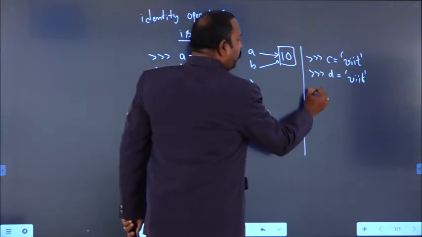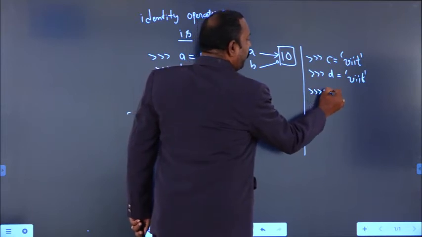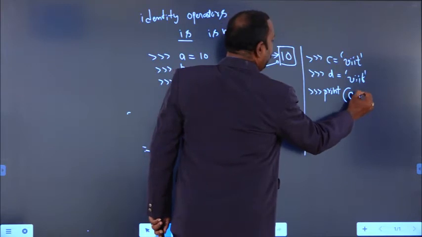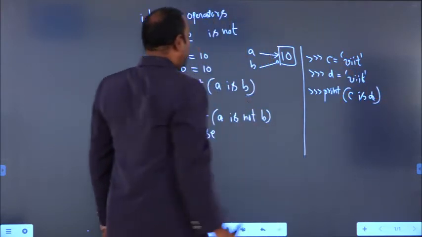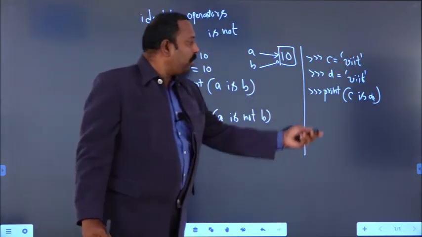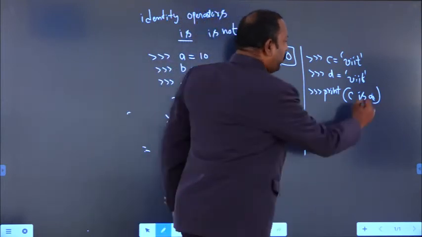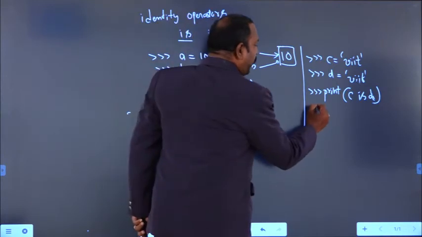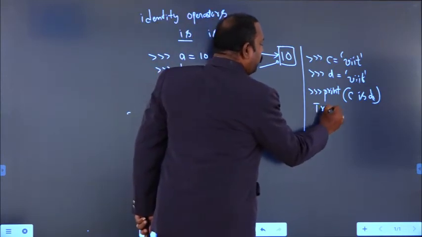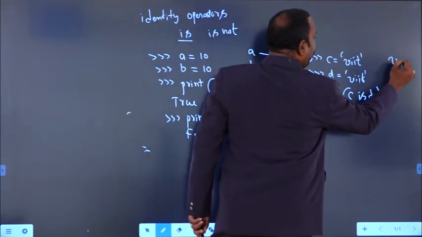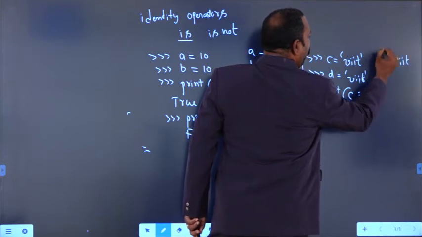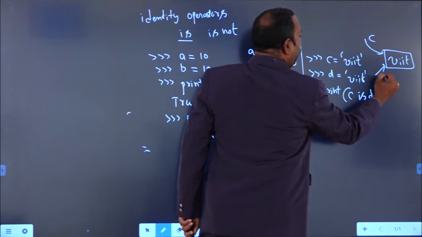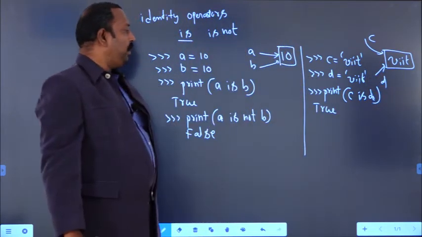Then you have to use print C is D. That means the address of C and the address of D are the same, so you will get the output true, because for a string also it will create one memory location, and C is pointing to VAIT and D is also pointing to VAIT.